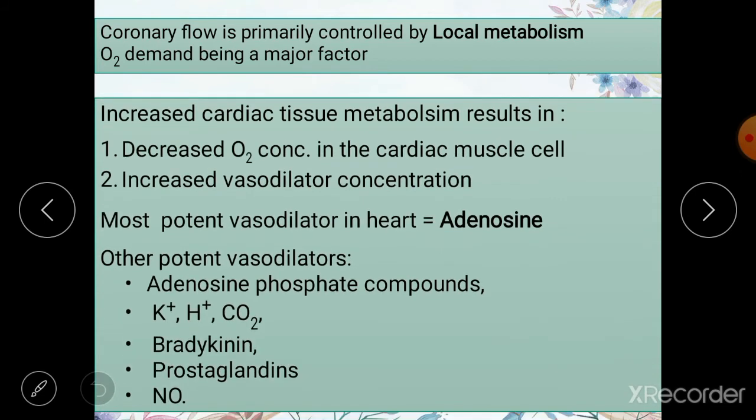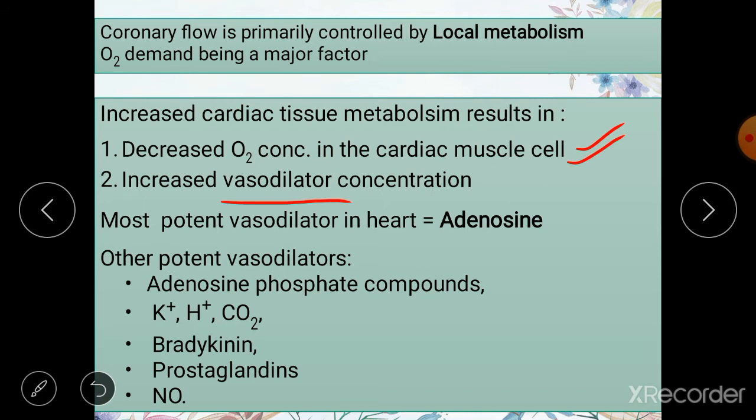So what happens is that increased cardiac tissue metabolism results in decreased concentration of oxygen in the cardiac muscle cell. Also, when the cardiac muscle is working, it is producing large quantities of vasodilators such as carbon dioxide, hydrogen ions, and potassium ions, and other products such as adenosine.